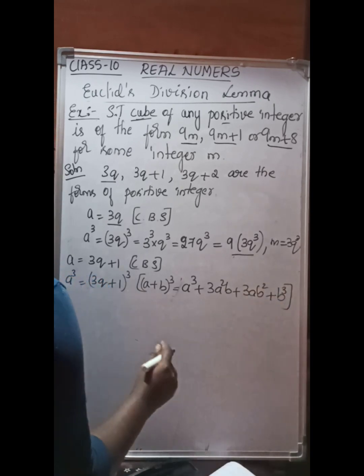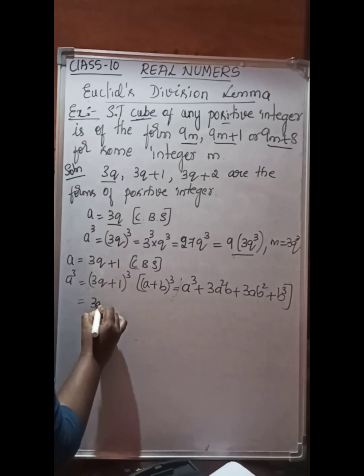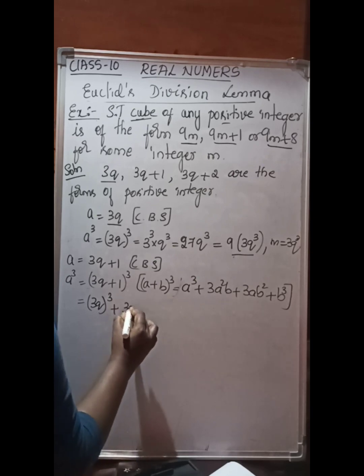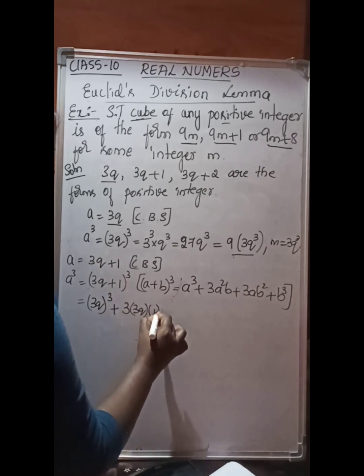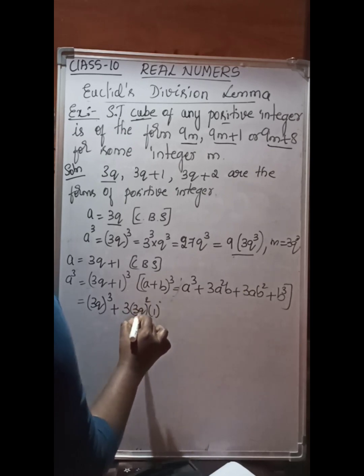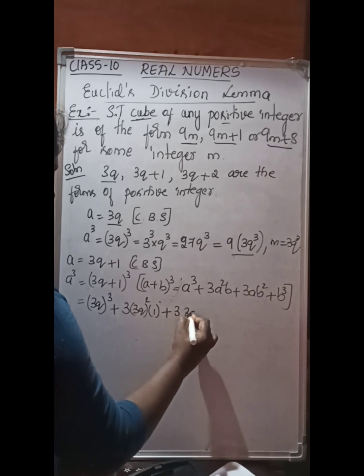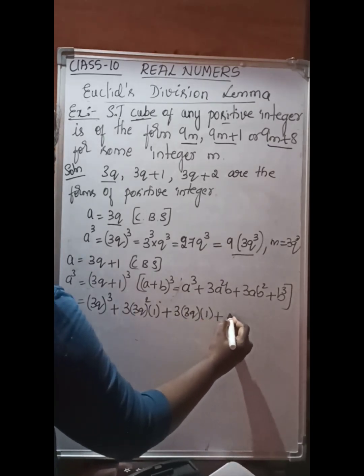Now according to the standard formula, expand this one. What you will get? 3q whole cube plus 3 into 3q whole square into 1, plus 3 into 3q into 1 square, plus 1 cube.